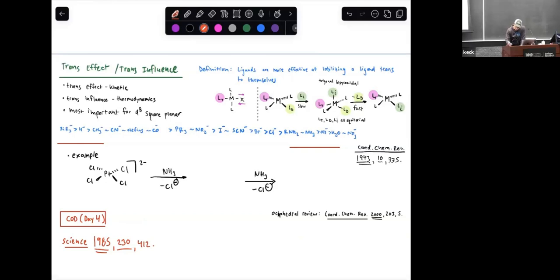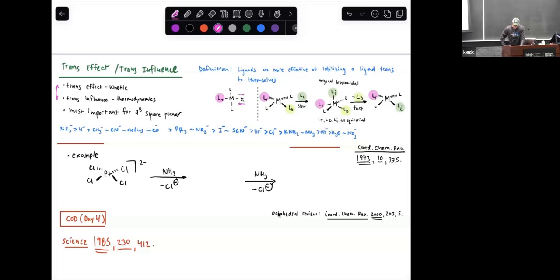There are two terms that in the literature are used not always consistently and sometimes confusingly. There's the trans effect, which is the kinetic descriptor, and trans influence, which is the thermodynamic descriptor. So let's think this through. Trans effect, we're thinking about rates, we're thinking about transition state energies.